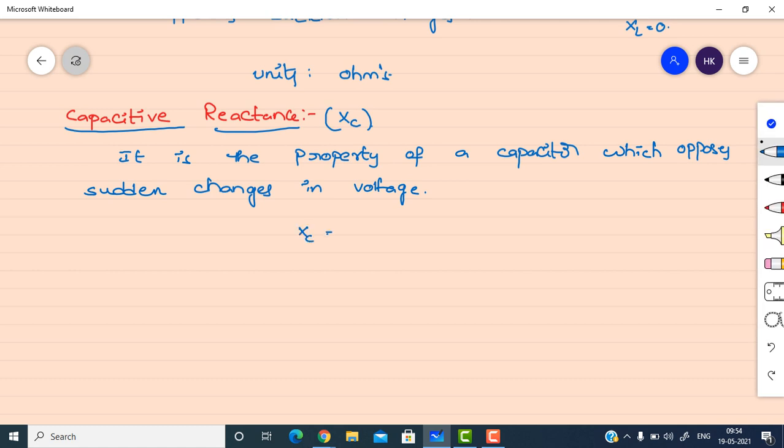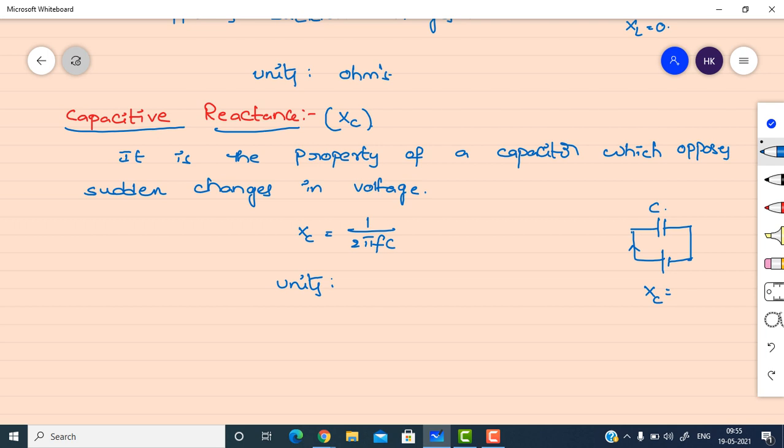And the equation is Xc is equal to 1 by 2 pi Fc. In case of AC through pure capacitor, we derived this one. Xc is equal to 1 by 2 pi Fc. So this is also frequency dependent. Suppose you connect this capacitor to the DC supply, then is there any capacitive reactance for the capacitor? DC voltage means constant voltage we are giving to this capacitor.